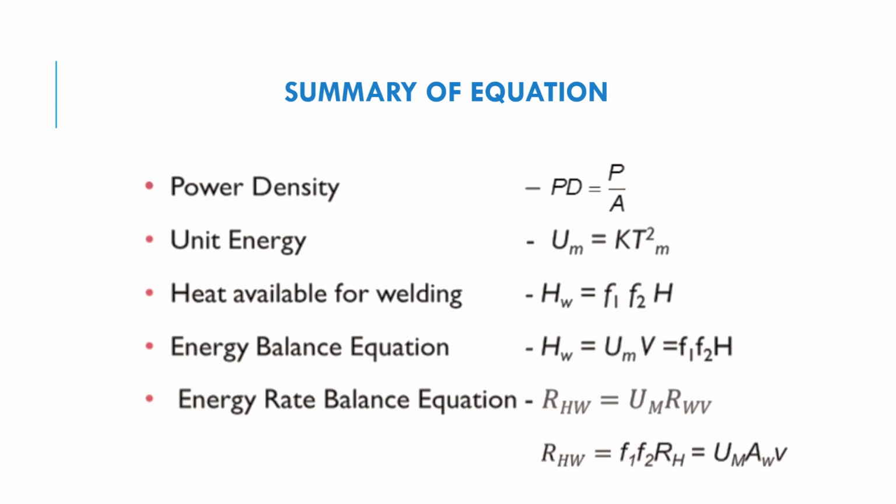For example, the power density PD equal to P over A, unit energy Um equal to KTm squared, heat available for welding Hw equal to f1 f2 H, energy balance equation Hw equal to UmV equal to f1 f2 H, and the energy rate balance equation can be written as RHw equal to UmRwV, and RHw can be written as equal to f1 f2 RH equal to UmAwV. This one is for a continuous bead.